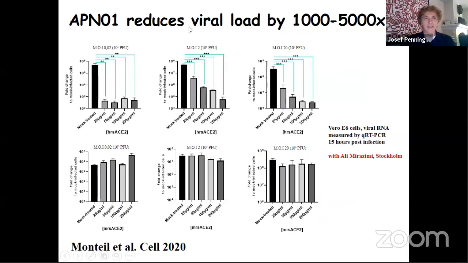And indeed, APN01, the generic name for human recombinant soluble ACE2, can reduce viral load by a factor of 1,000 to 5,000 times, depending on the numbers of virus and, of course, on the dose of ACE2. Mouse ACE2 does not do anything, as one would predict, because it doesn't bind. Mouse and rat ACE2, as we understand, does not bind to the spike protein.